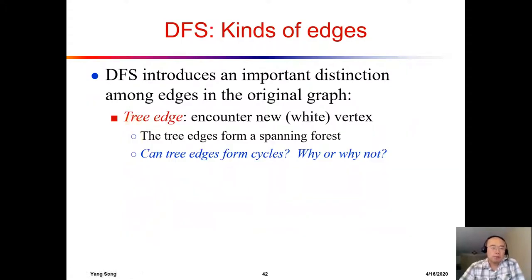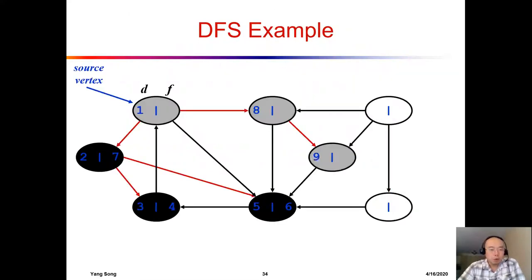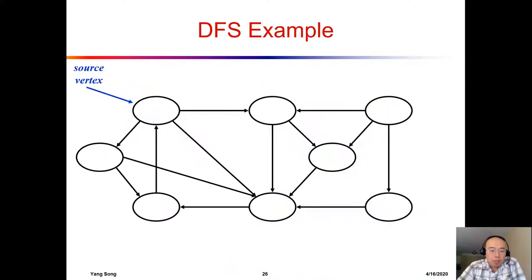And then for the tree edges, the next question is, can we have the tree edges form cycles? Why or why not? Remember when we discussed this part, we asked, do we want to take this edge from 3 to 1? And then we said we don't want to do that. Why? Because we are only doing the depth first search to find the white nodes, right?